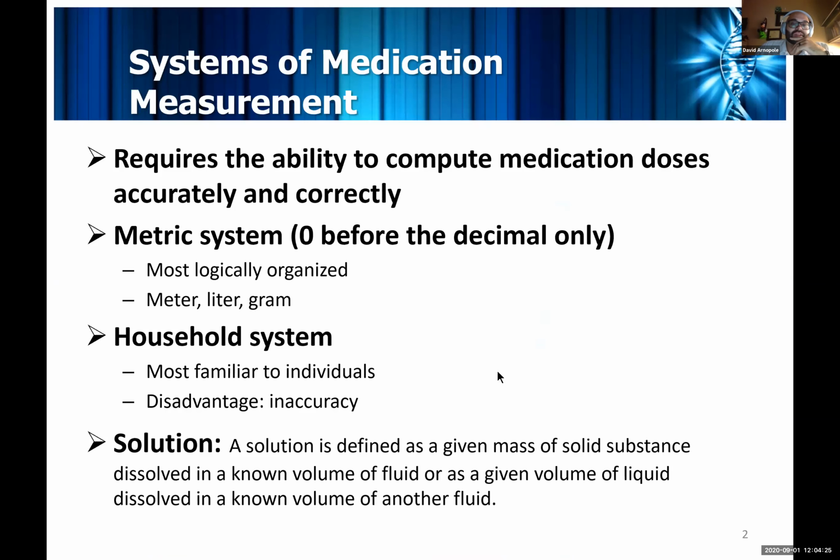Medication doses and calculations. We are using a system of medication measurements. We have to be able to compute medication doses. This is extremely important in your job, because if you throw a number off, depending on some of these drugs, you've killed a patient, or you haven't given them the right dose and it's not helping them.